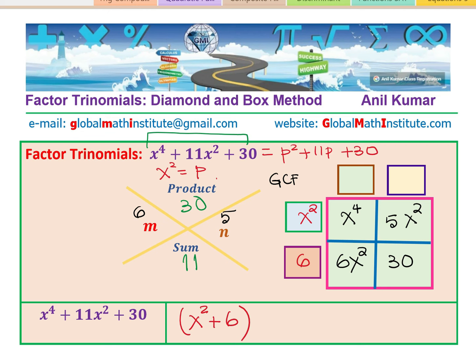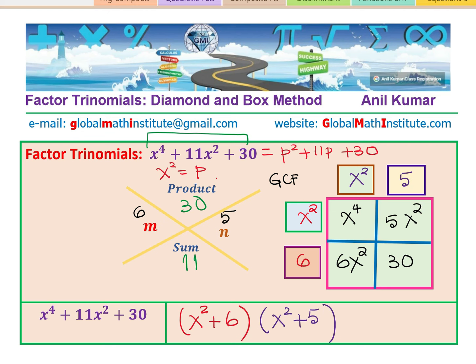So x to the power of 4 and 6x squared gives us x squared as a common factor. 5x squared and 30 gives us 5 as a common factor. So we get x squared plus 5. You can notice that if the leading coefficient is 1, then m and n values directly come, right? So in such cases, we can directly get a result, right? So I hope this process is clear.